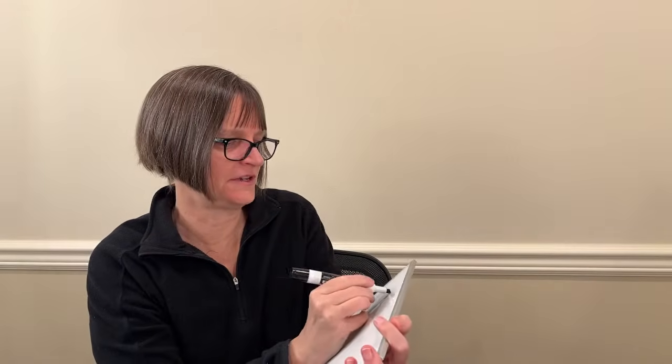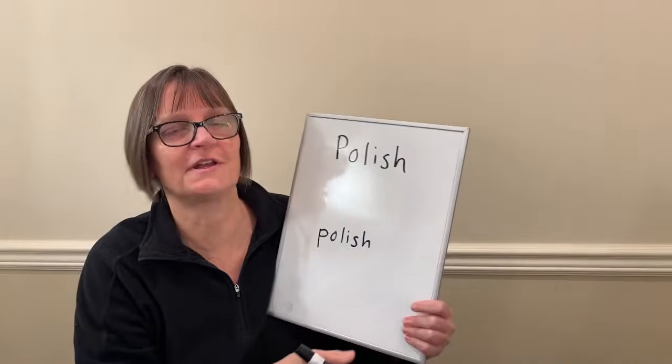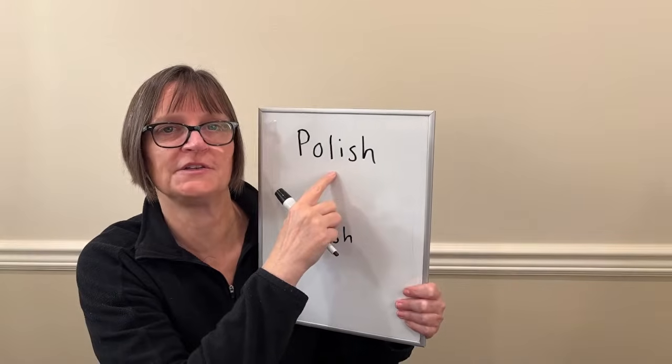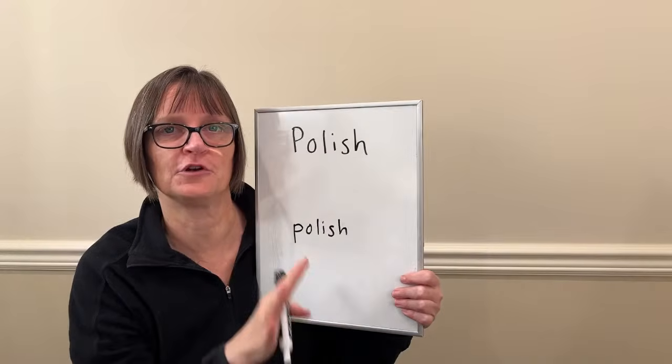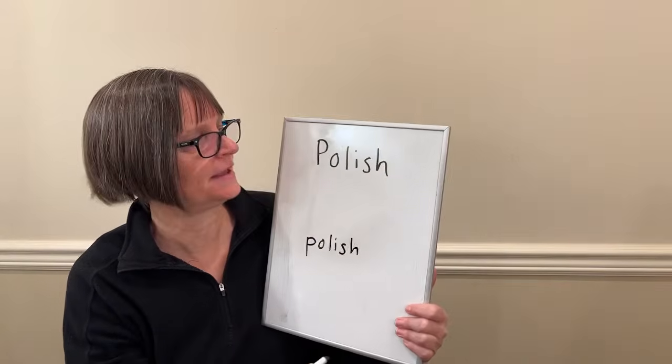Okay, we have a question about Polish and polish. So let's take a look at the difference here. Let's look at how to pronounce Polish, as in from Poland, and polish, as in the verb to polish something.